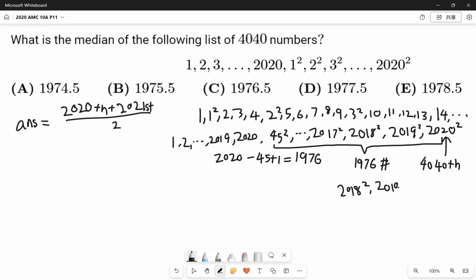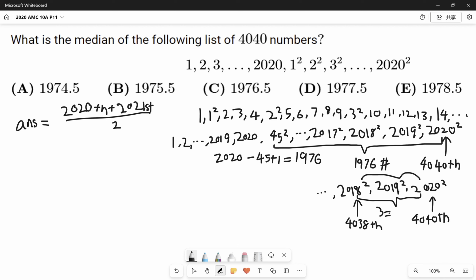For example, if I wanted to find the position of 2018 squared, all I have to do is jump back twice from the 4040th number. So 1, 2, meaning that we subtract 2, and this is the 4038th number.